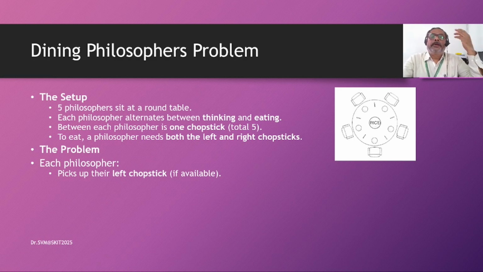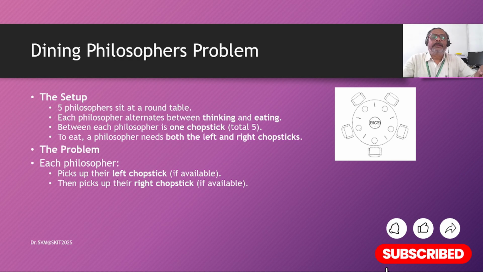The philosopher was thinking randomly for some time, then when that philosopher wishes to eat, they forward the left hand, looking for a chopstick. If the philosopher gets the left chopstick, then the right hand is pushed forward looking for the right chopstick. If it is available, the right one is picked.